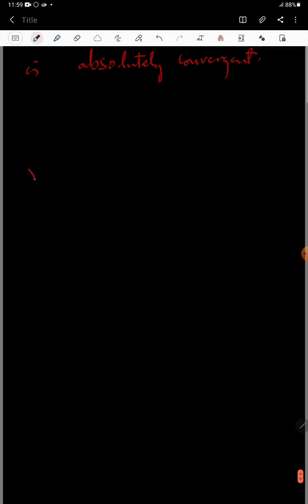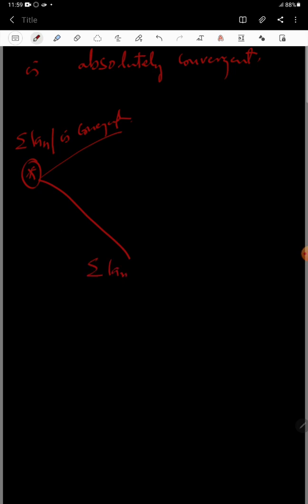Now comes the last issue, that is very important here, that I would like to say. If sigma mod an is convergent, this is one possibility, and the other possibility is sigma mod an is divergent.